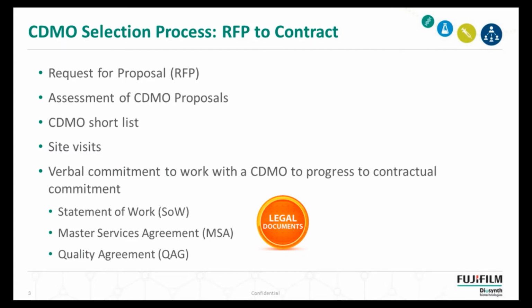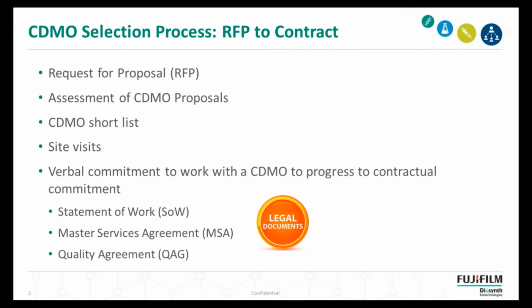Following that, one of the critical steps would be to indicate some kind of commitment to the CDMO to progress beyond the initial assessment phase into contractual commitment. That's an important step from a CDMO's perspective because that initial commitment gets you more visible on their radar in terms of planning for potentially a project to land.